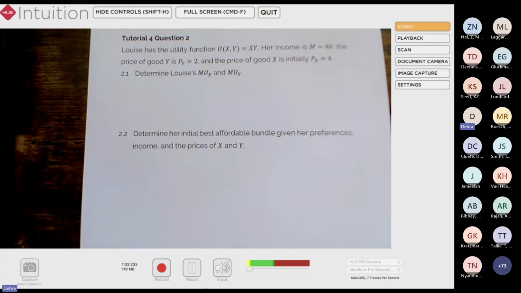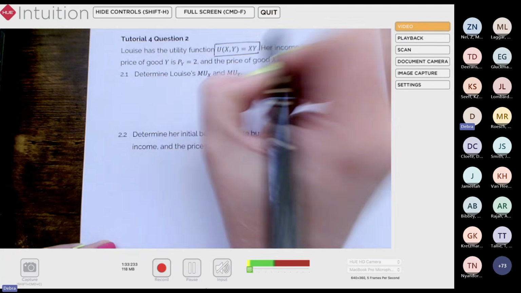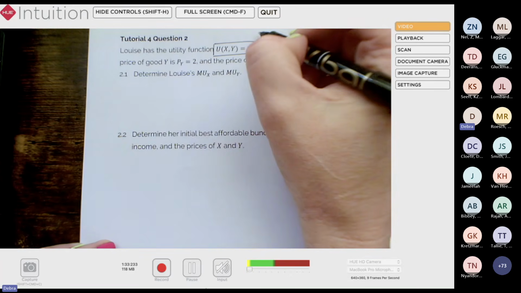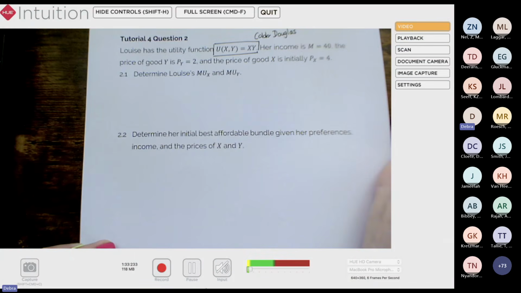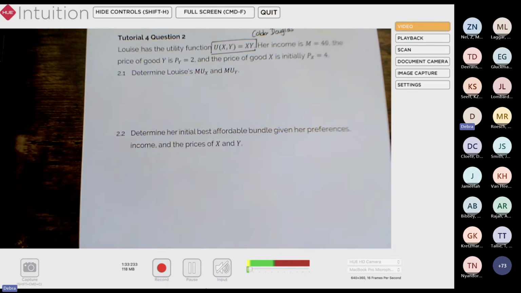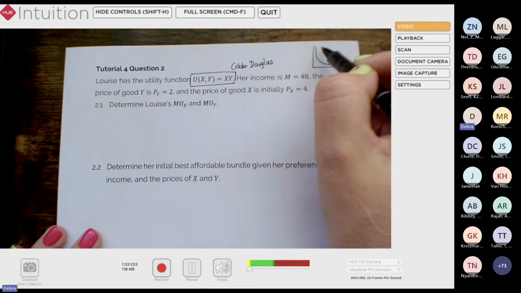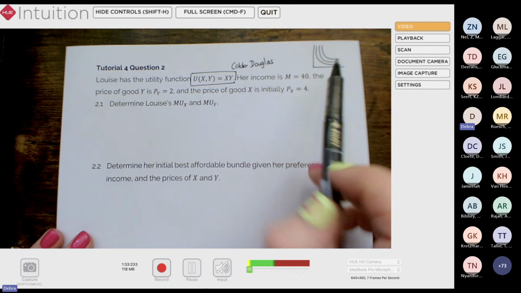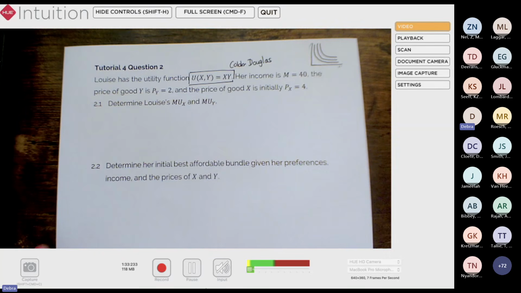So this utility function here, which is U(x,y), is given by x times y. This is a Cobb-Douglas type utility function, which is a very typical utility function that gets used because it does give us indifference curves that are convex and asymptotic to the axes, which means that if you had to consume nothing of either of these goods, you can't get any utility.